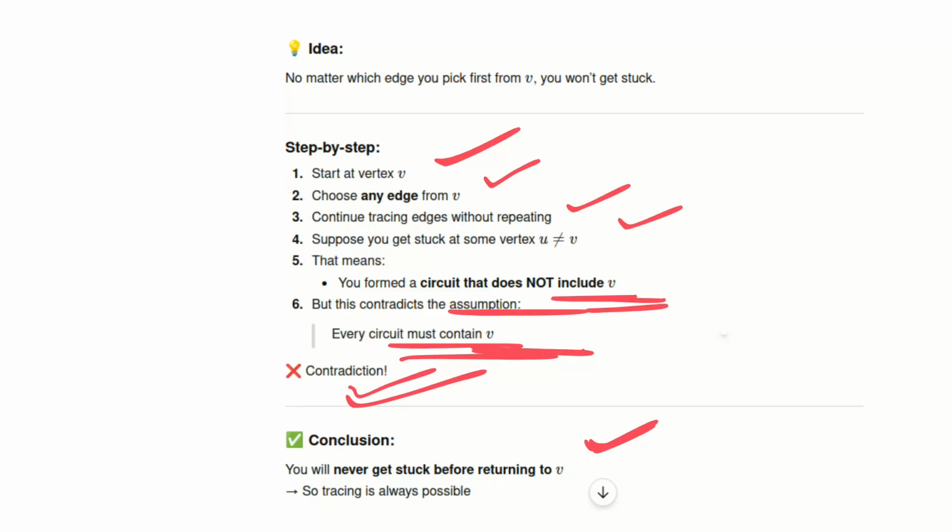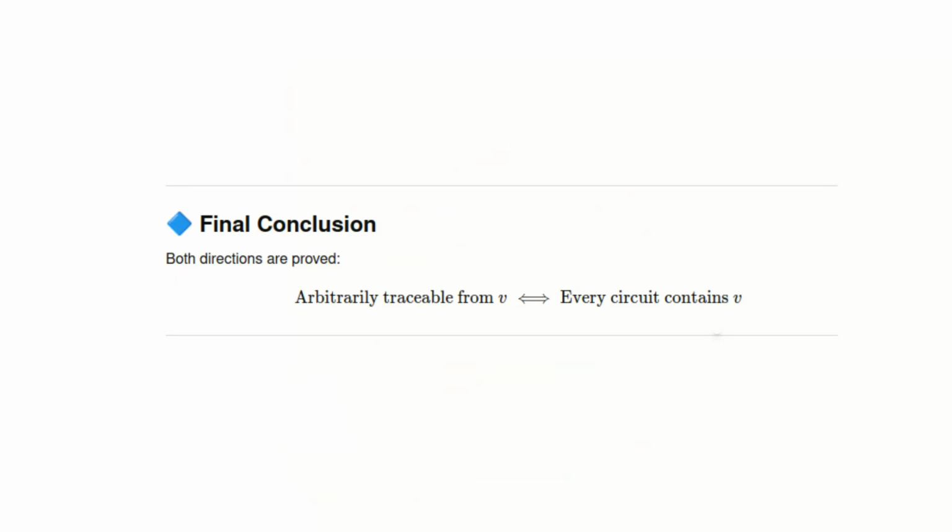But suppose you get stuck at some vertex U, which is not equal to V. That means you formed a circuit that doesn't contain V. That is why you get stuck, right? But this contradicts our assumption that every circuit contains V. So there's a contradiction. Therefore we can conclude that you will never get stuck before returning to V. So it is arbitrary traceable from V. This is how we are going to prove this theorem. Okay, thank you.